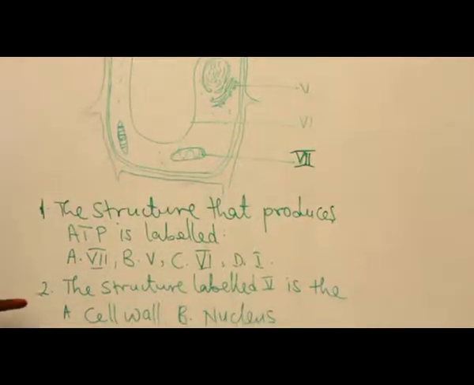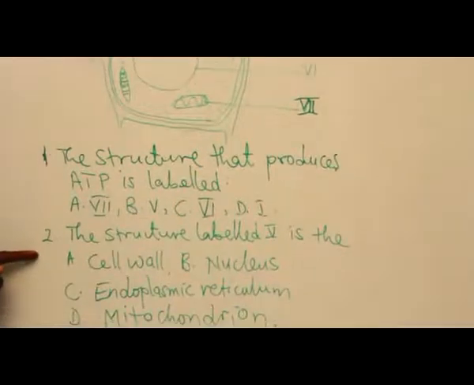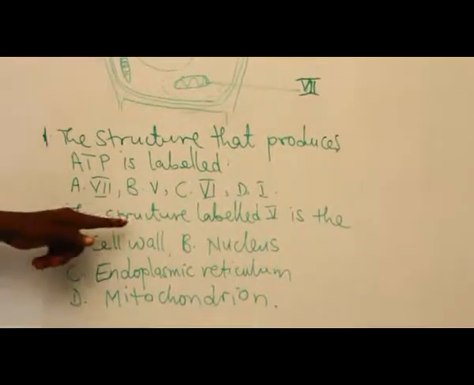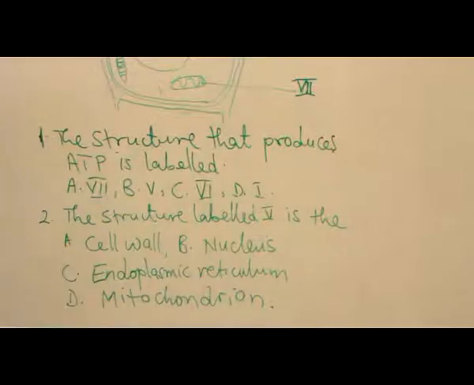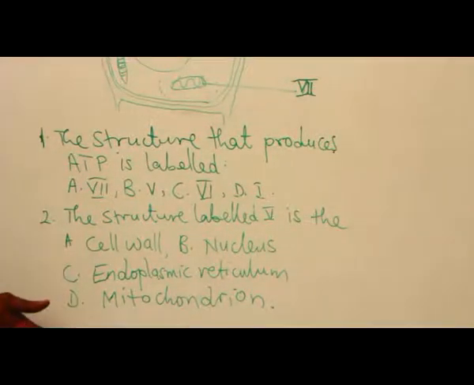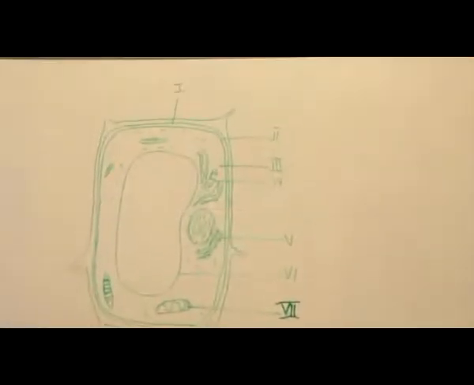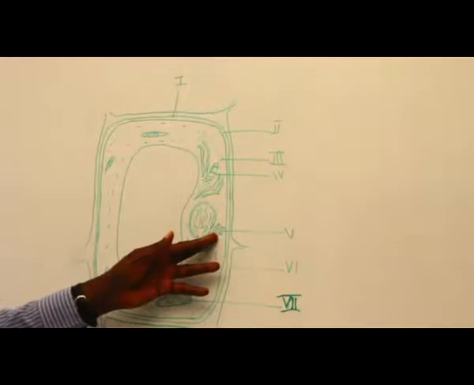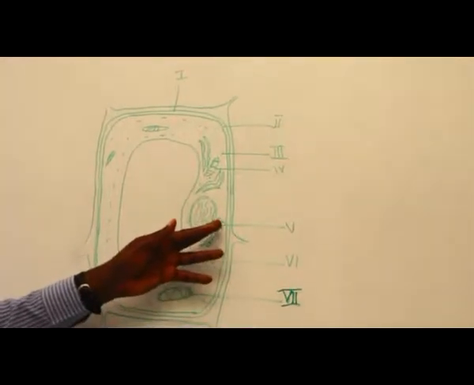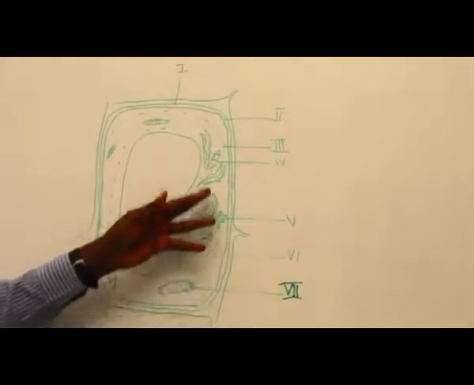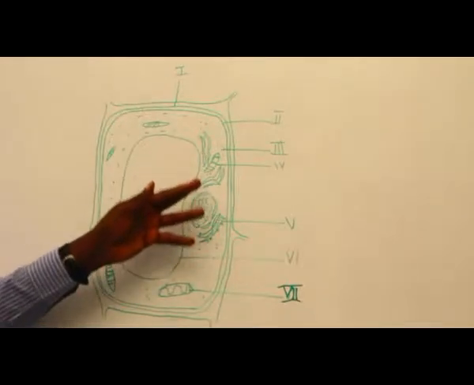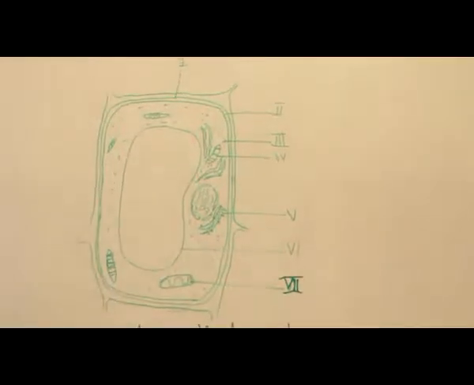Now let's look at number 2. The structure labeled 5, this is a factual question. Either you know it or you don't know it. We go straight to the structure labeled number 5, and this is it. If you look at this one and this one, or this one, they are almost identical.